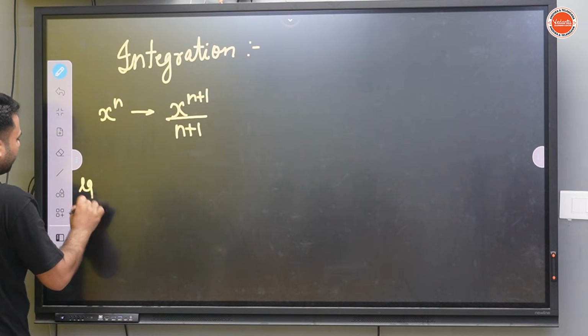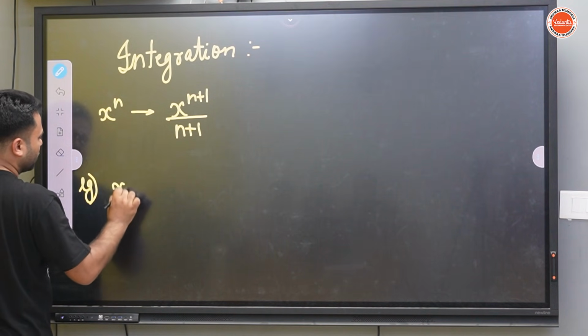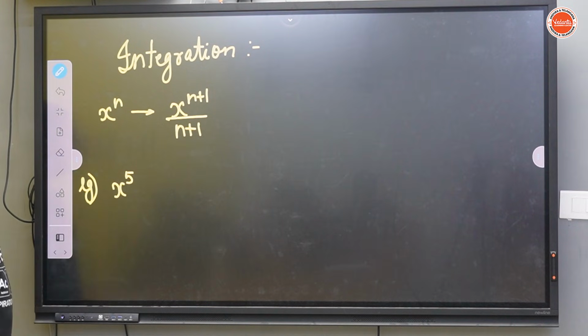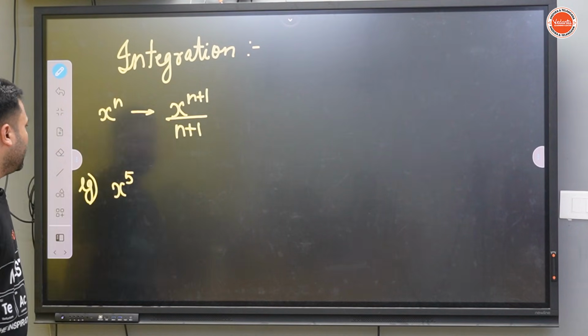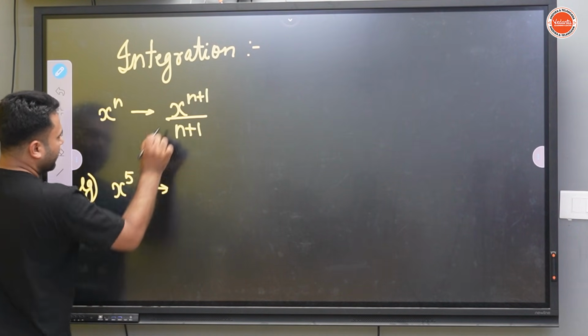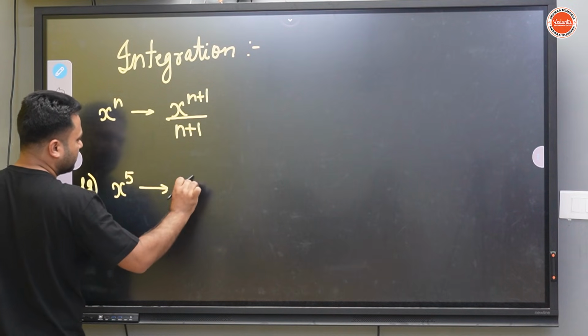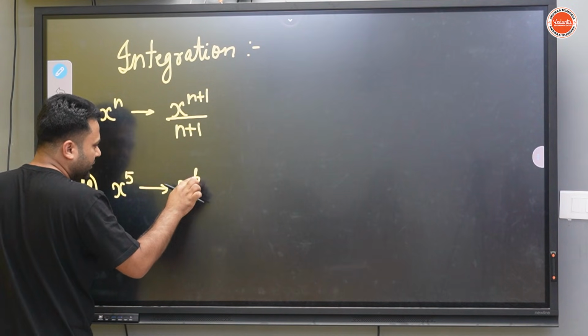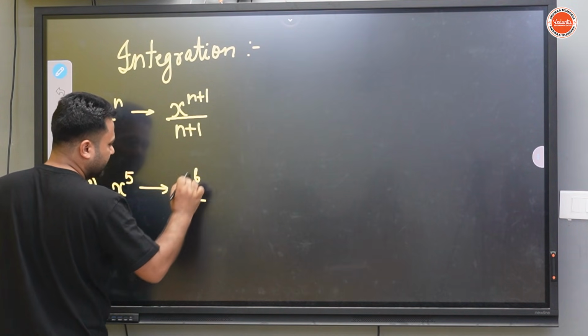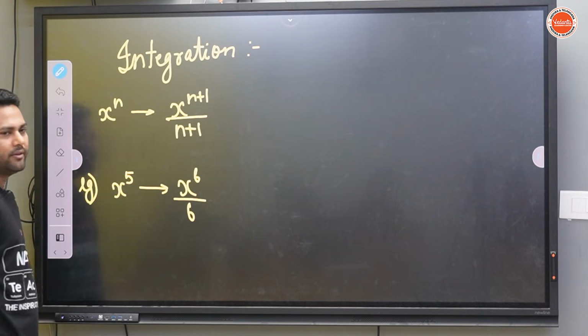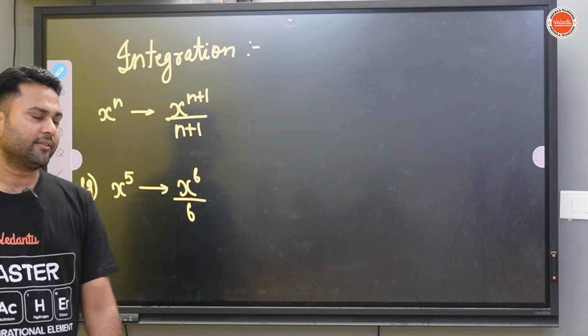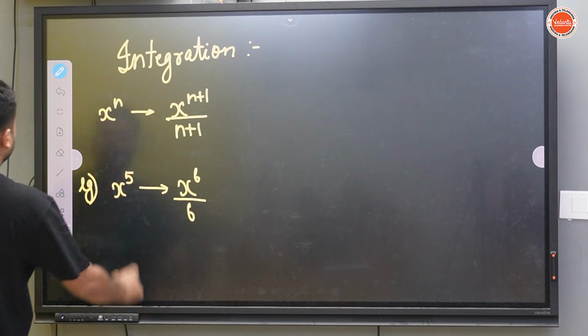For example, if someone asks what is the integration of x to the power 5, you add 1 to the power, so 5 plus 1 is 6. Whatever you write in the power, the same thing you write in the denominator. So x to the power 6 by 6. So this is the first formula.